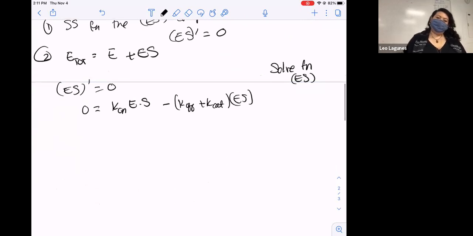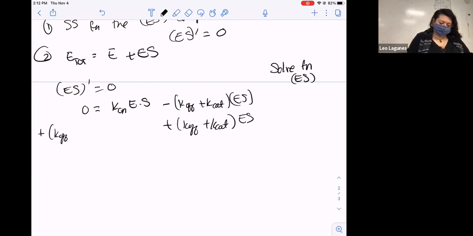So, a little bit of algebra. I don't know how comfortable you are with algebra, but I'll just go through it because I try to never skip steps. If we're trying to solve for ES, I'm just going to add it to both sides. I know you can probably do this a lot faster than I can, but I'm doing it slowly so that if you ever refer back, you have exactly what you need.